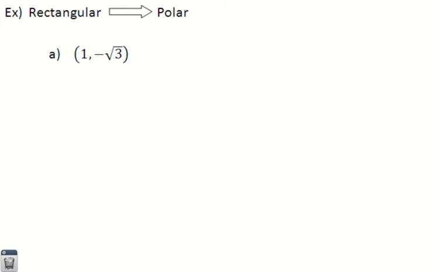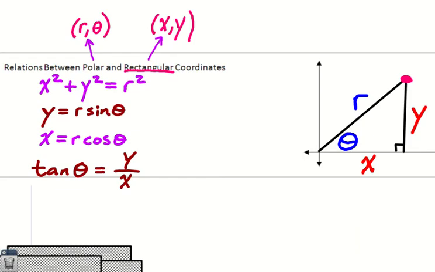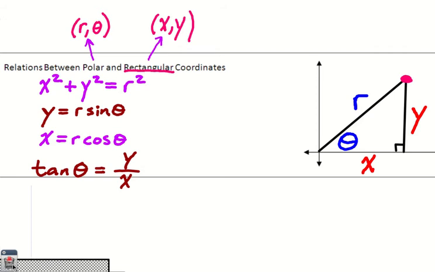Now going the other way, so what if you were given instead x and y, and you were supposed to find r and theta? So going back to here, I mean, I guess if you have the powers of deductive reasoning here, we're going to use the other two.